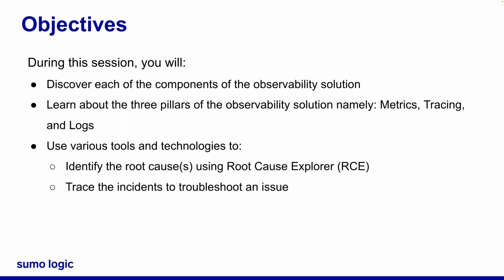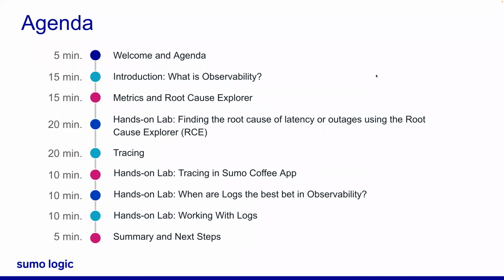So a bunch of labs for you today, but the agenda is essentially as such. Doing the welcome and agenda right now. Going to do a semi-brief introduction on what is observability, so we're all speaking the same language, if you will. Then we're going to look at metrics and Root Cause Explorer and show you what that tool is and why it's helpful.